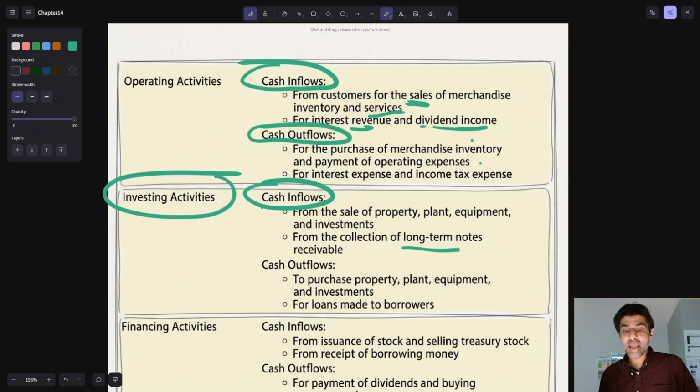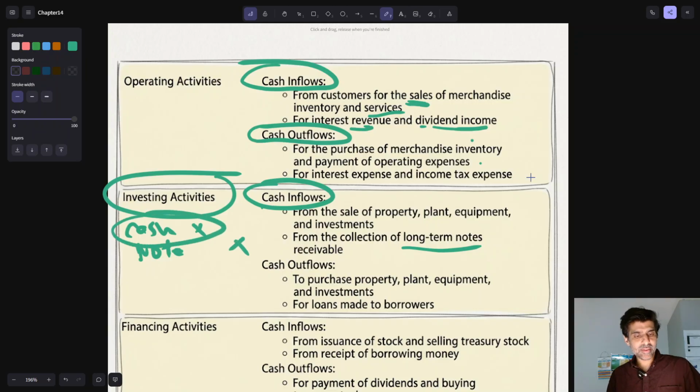If you're a bank and you're collecting cash from a long-term note receivable, that's going to be cash coming in because you're basically going to debit cash, credit note receivable, right? So this cash inflow is going to be in this investing section because it's related to this note receivable. The cash outflows will just be the opposite.